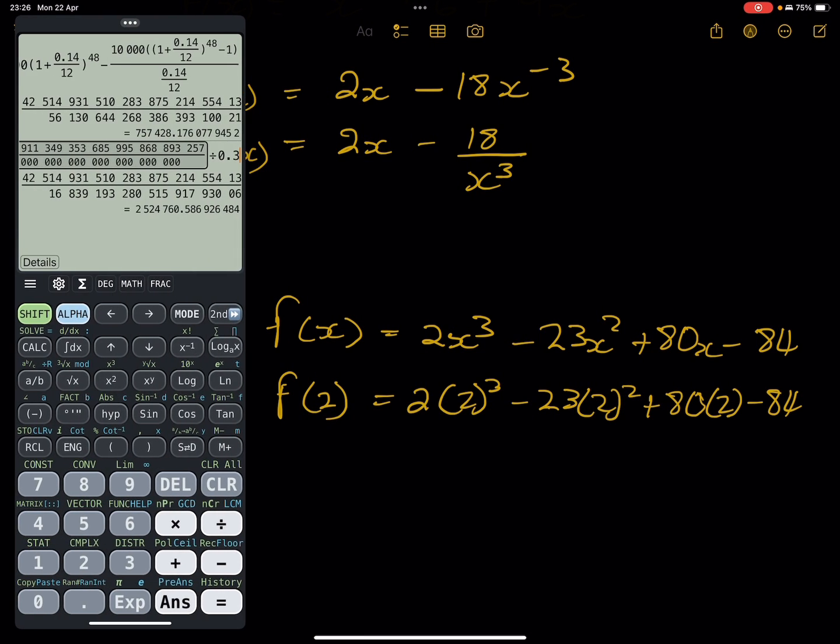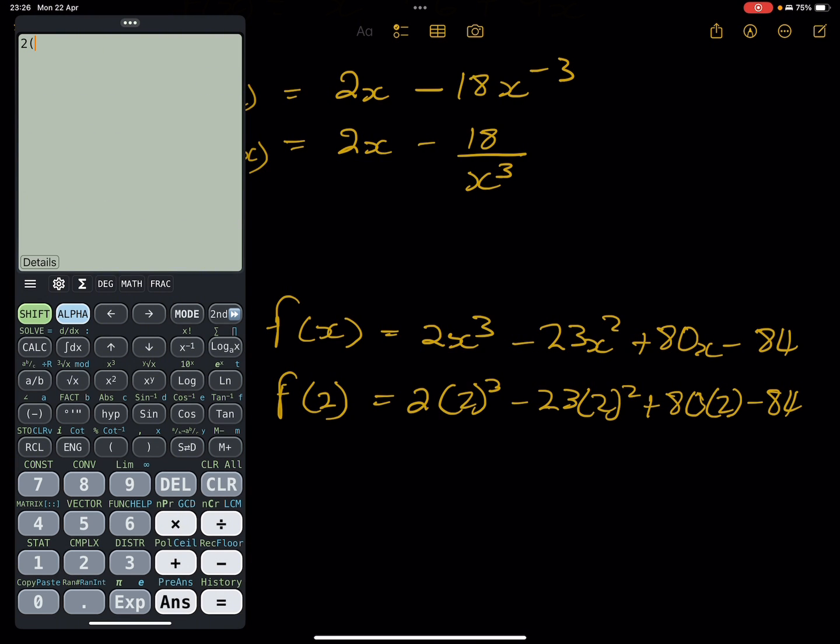And let's check, does it actually give us 0? So that would be 2 cubed, minus 23 times 2 squared plus 80 times 2 minus 84. And what does it give us?